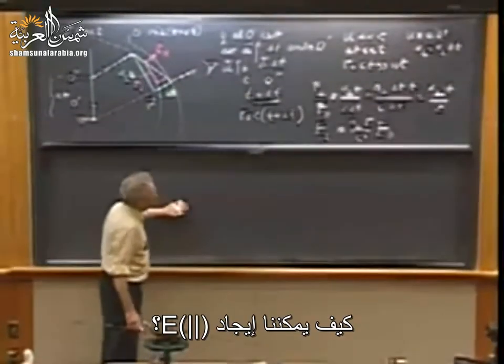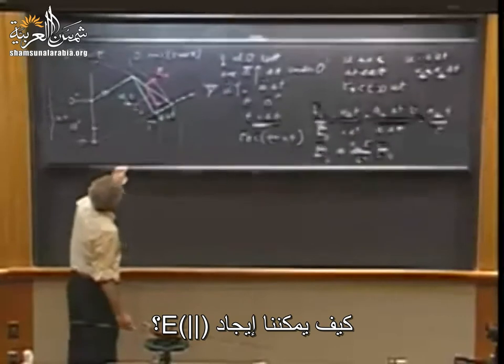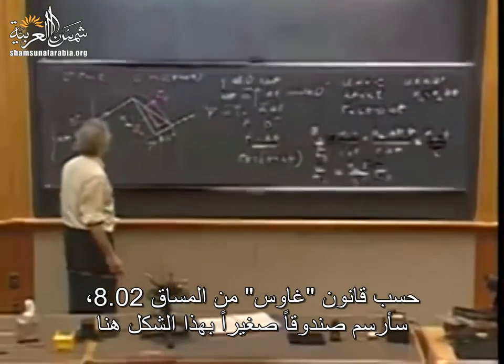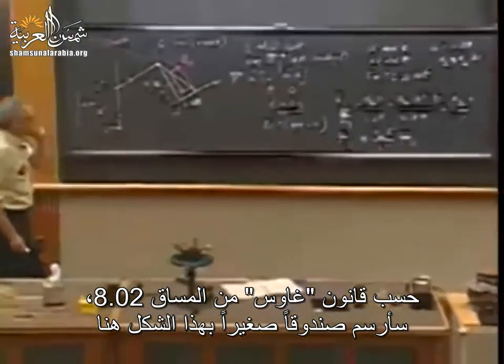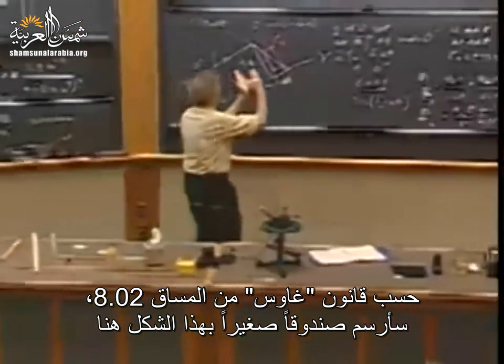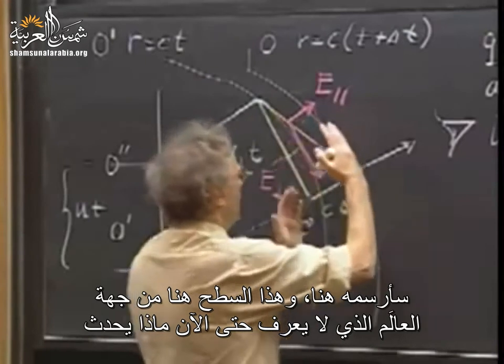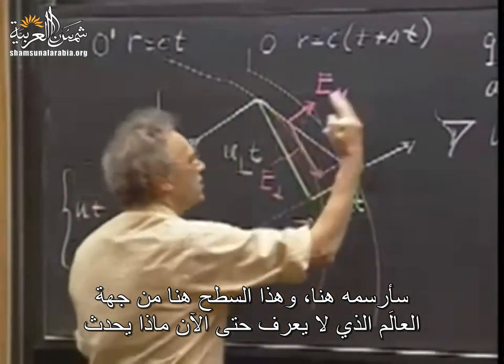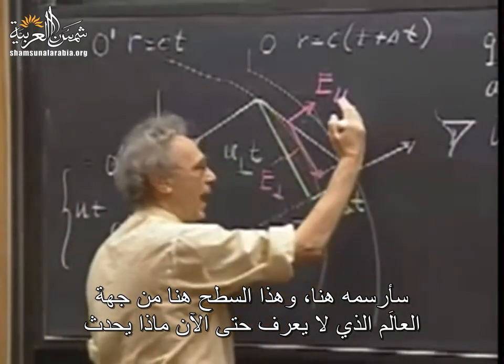How do we find E parallel? 802, Gauss law. I make a pillbox. And the pillbox is going to be like this. I'll make a drawing of it. And this surface is here in the world that doesn't know yet what happened.